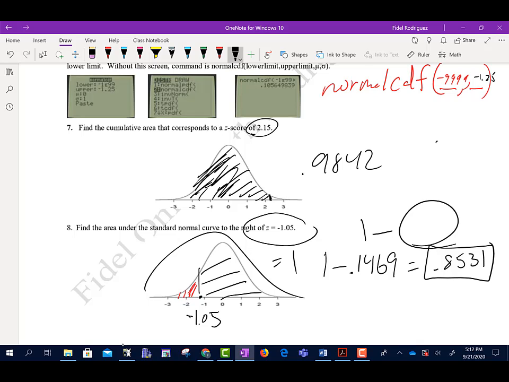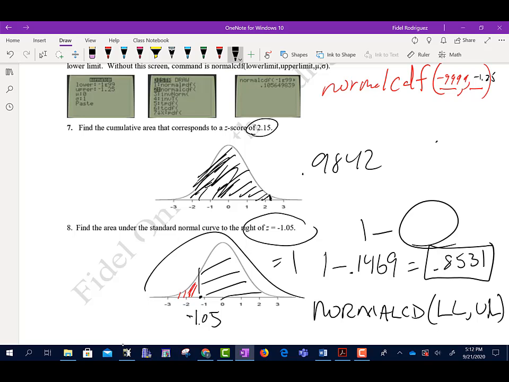Now, again, I'm showing you both ways, guys, so that you can determine which way you like better. Remember, when I'm using my calculator, my normal CDF, the first number I always type in is my lower limit, then my upper limit.